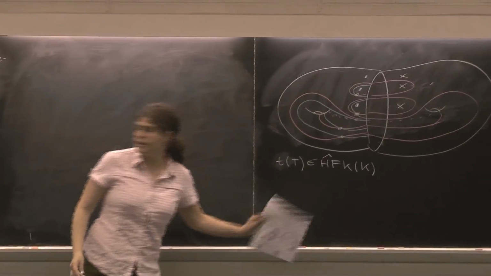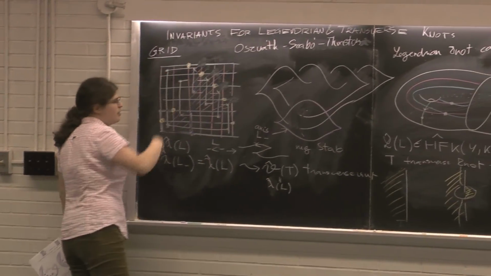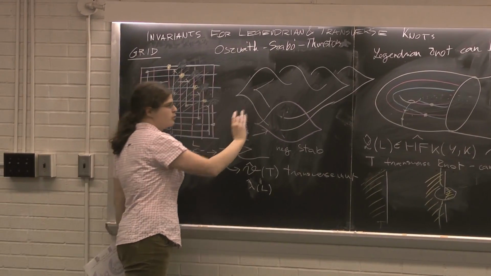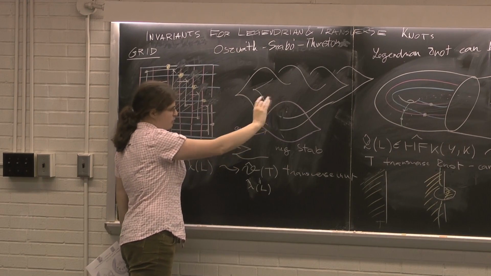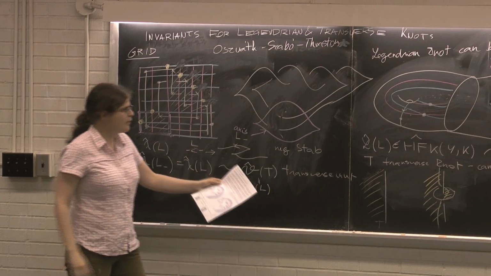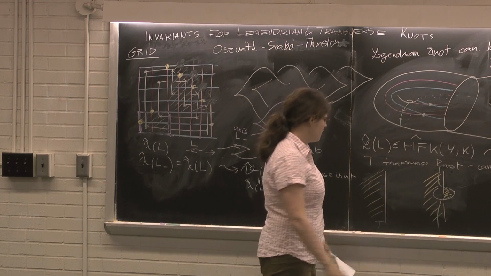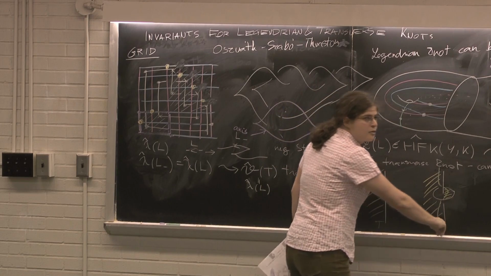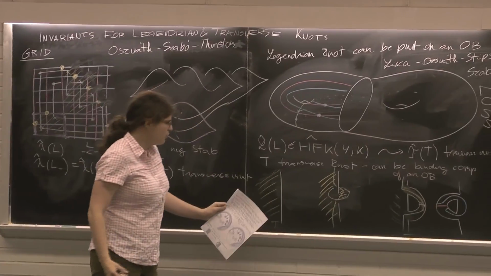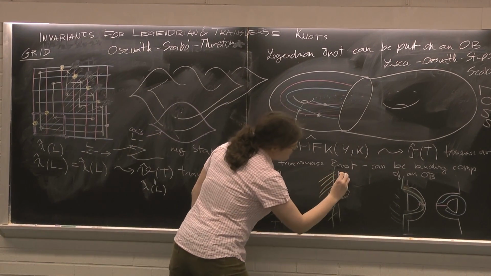So you can take your braid to be a braid with respect to the open book, which is the disk open book, the trivial open book for S3, or you can make it very complicated and make sure that your transverse knot only intersects your open book only once. So let's look at this picture.